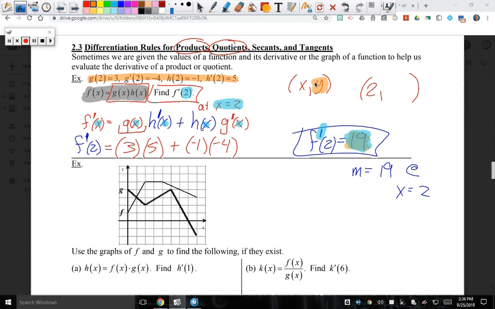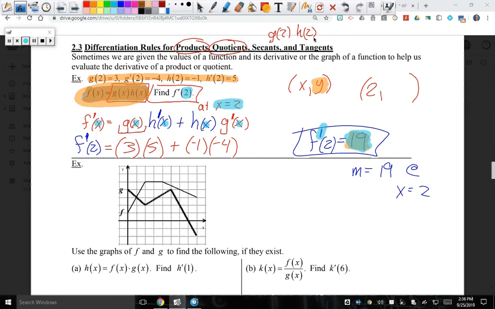Yeah. You plug in 2 into f of x. You plugged it into the original one. You see what I'm saying? So if you plug 2 into the original one, what's g of 2 times h of 2?